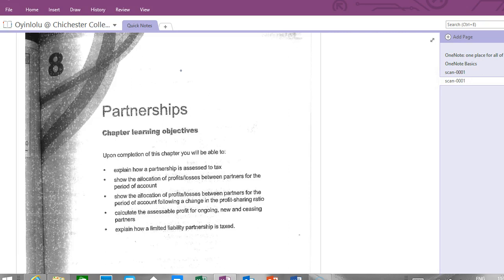So what we're really looking at here is how we share their profits and then apply the same CYB rules to get their tax profits, or their taxable profits.